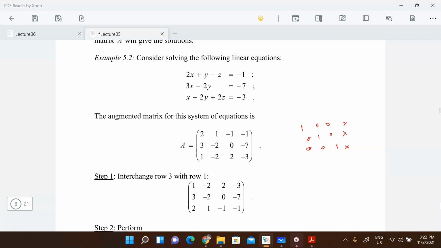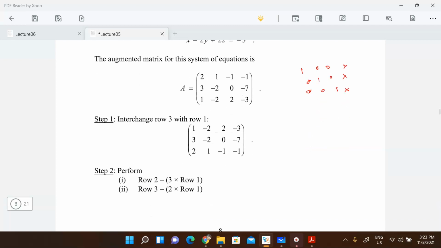So I need a 1 over here. But I already have a 1, but it's in the third row. So I can just swap it, because swapping is an allowed operation. It's just redefining the labels of the rows. So I just do that swap between row 3 and row 1, and I get the resultant matrix.